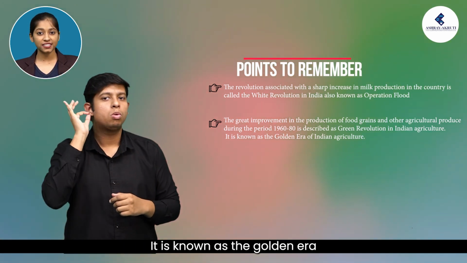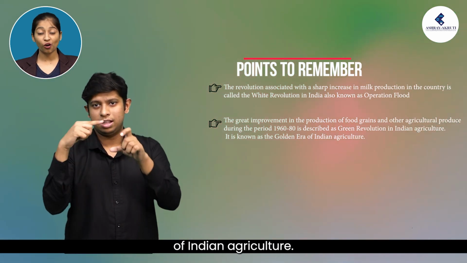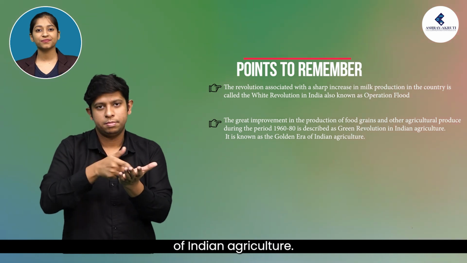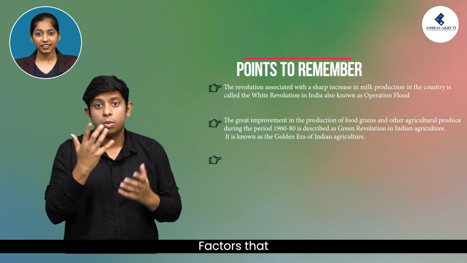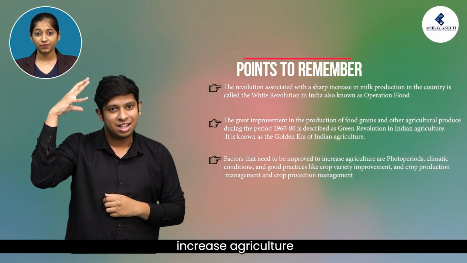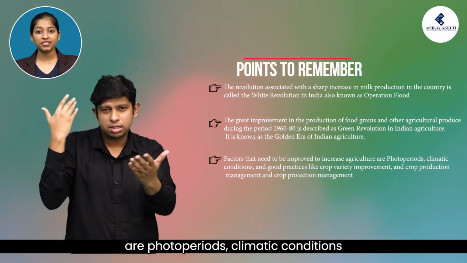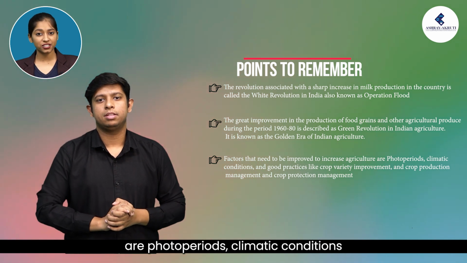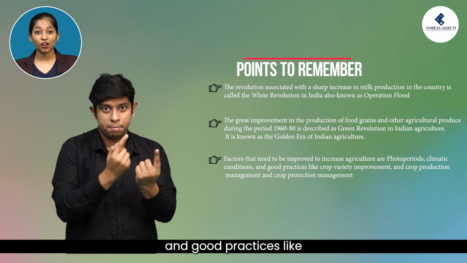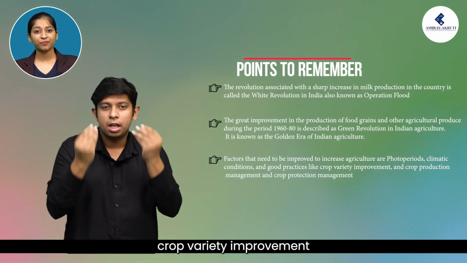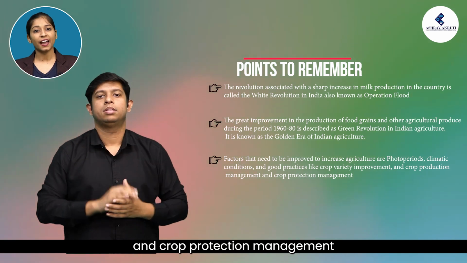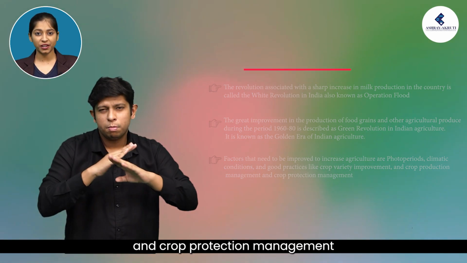It is known as the Golden Era of Indian agriculture. Factors that need to be improved to increase agriculture are photoperiods, climatic conditions, and good practices like crop variety improvement, crop production management and crop protection management.